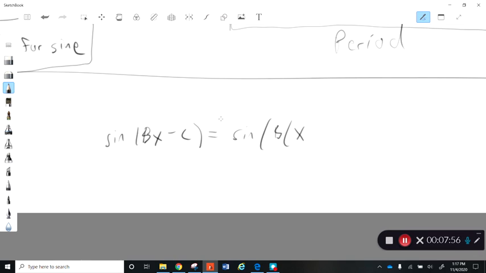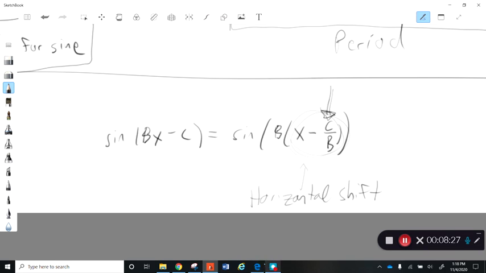And then when you factor something out, you divide by it. So you have to do c over b like that. And if you do that, then you can tell not what's being subtracted from bx, but rather what's being subtracted directly from x, like this, with the b on the outside factored out. This tells you what your horizontal shift is. So that's why the phase shift is not just c, it's c divided by b.